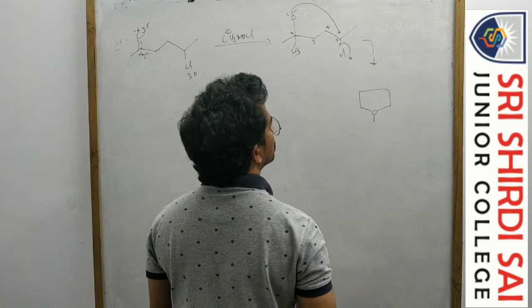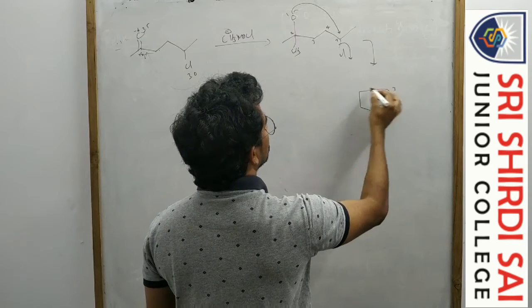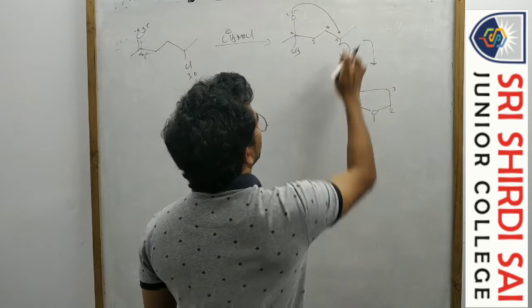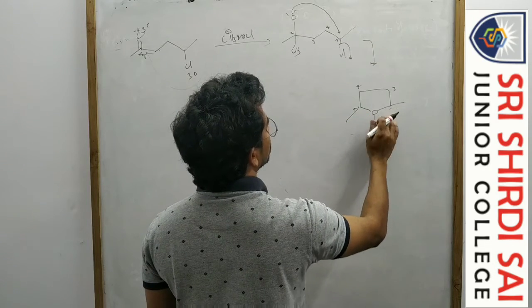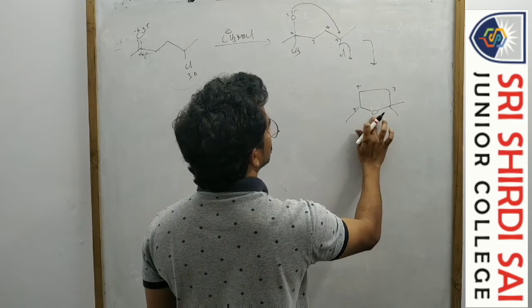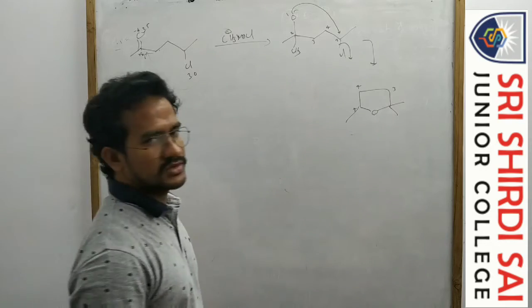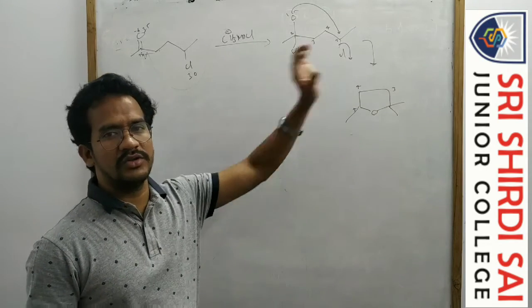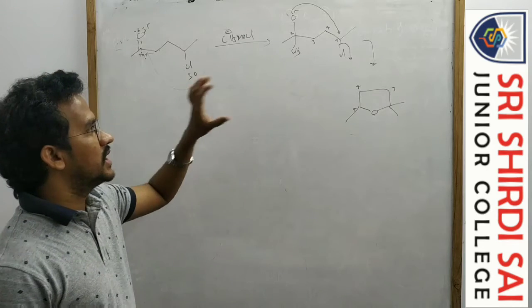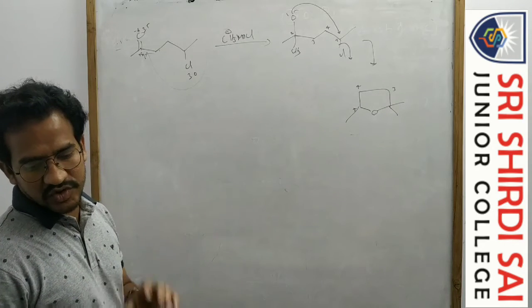First atom oxygen, then 2, 3, 4, 5. On the fifth there is one methyl group, and on the second there are two methyl groups. So that is the product. In the previous step, first nucleophilic addition, followed by intramolecular nucleophilic substitution reaction.